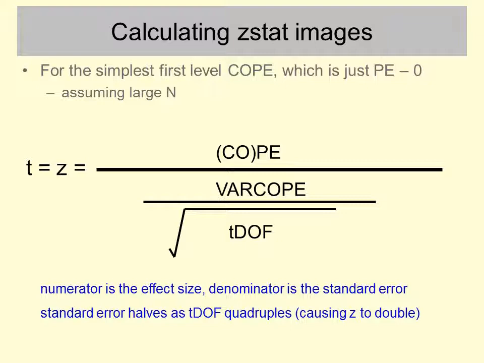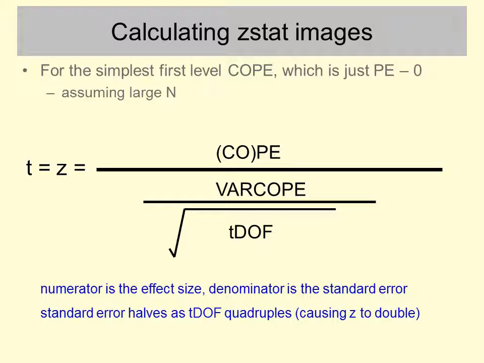Let's consider the case of the simplest first level contrast of parameter estimates, which is just equivalent to the parameter estimate minus 0, so it's the same as the parameter estimate for a particular explanatory variable from the design matrix. And here we're assuming a reasonably large sample size, where sample size is time points, but this assumption is always met for first level time series data in fMRI, basically the fact that t equals z once the degrees of freedom are large enough.